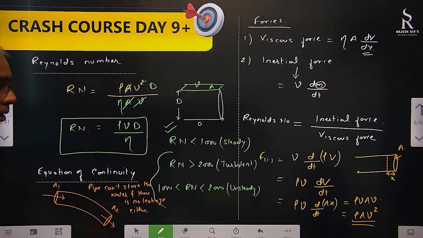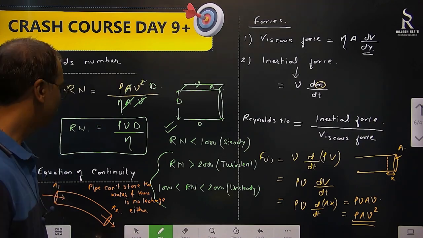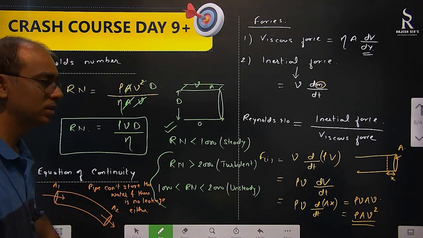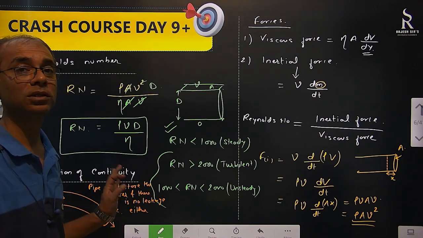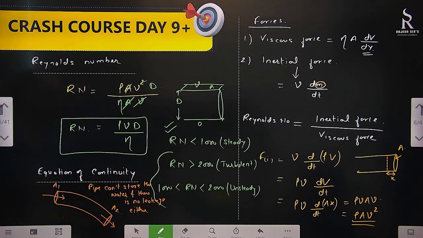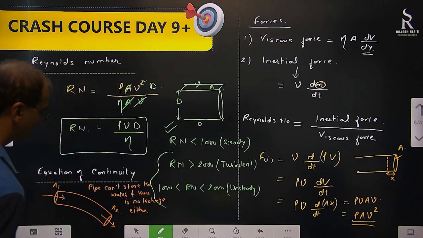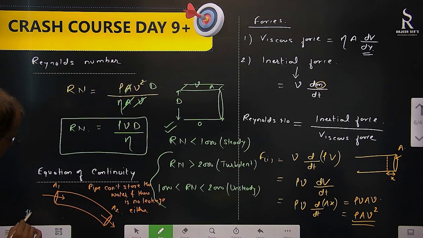There is no other way because the pipe cannot hold it and there is no leakage either. So the mass which is going in, same mass has to come out. That's why we say it is based on conservation of mass. So equation of continuity is based on conservation of mass.